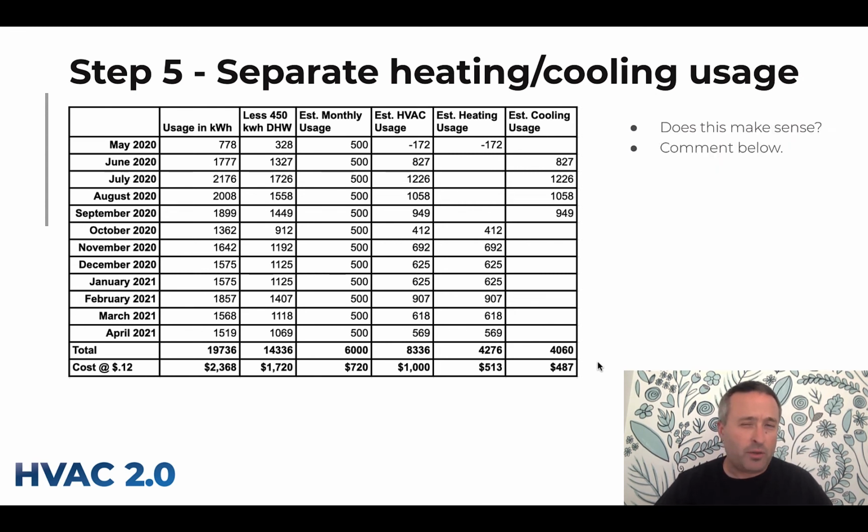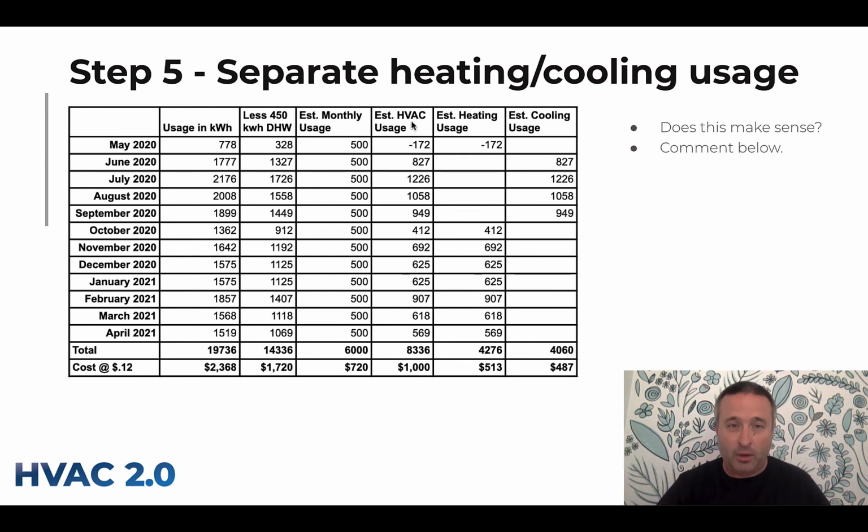So does all of this make sense, how I peel this apart? You start with your monthly usage, you subtract out an estimate of their water heater usage, which is mostly based on occupants. Then you look to figure out what their baseline usage is, so what they just use on a day-to-day basis for cooking and internet and fridge and all that stuff.